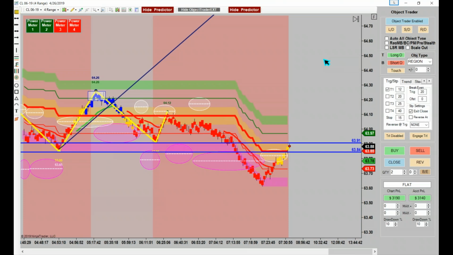We'll do a region, just see if it works, just the way Charles and I teach it. I'd already be in it more than likely because I'm seeing it breaking a trend line, but let's just try it this way. And I'm going to go against the trend, so I'm only going to do like 10 ticks. And touch plus. See if we can get 10 ticks.